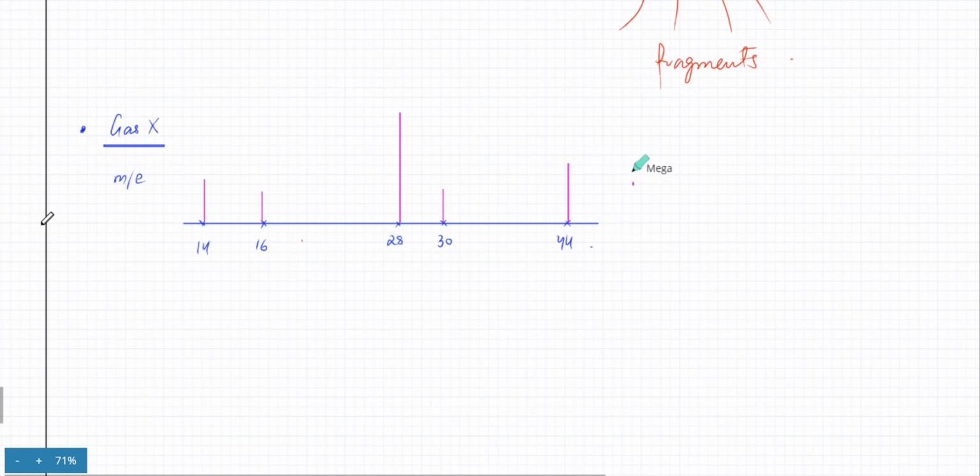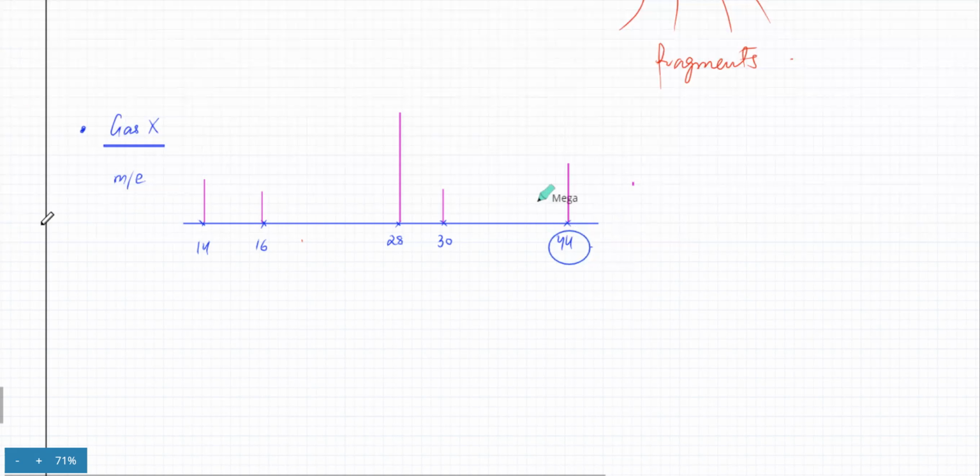So which one do you think is the molecular ion? We have to identify gas X. Can anyone tell me which one is the molecular ion out of all these five peaks? And which ones are the fragments? 44 is definitely the molecular ion because that's the heaviest.